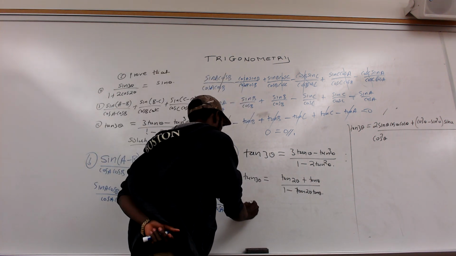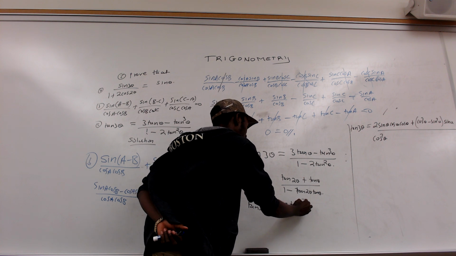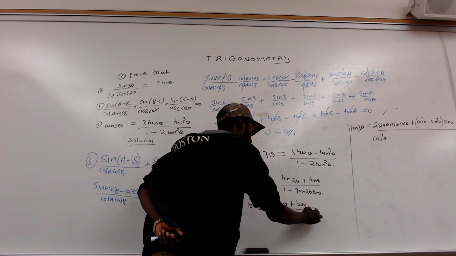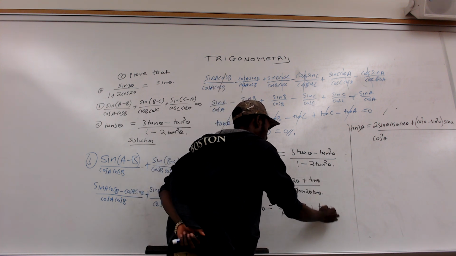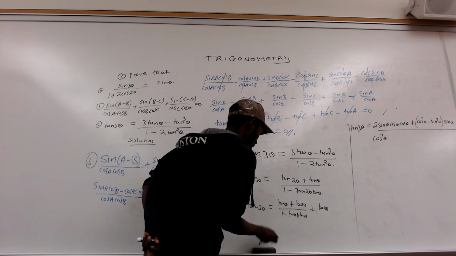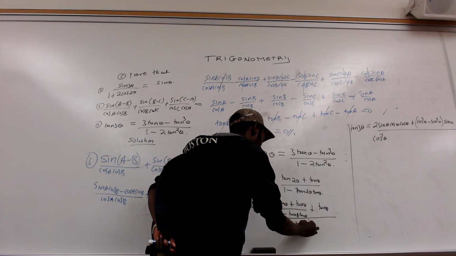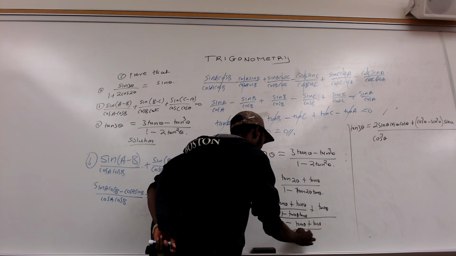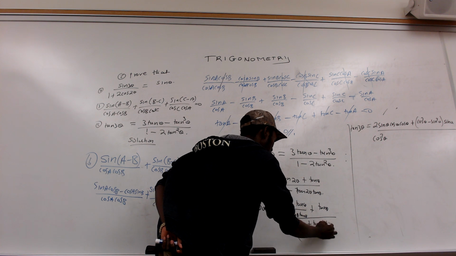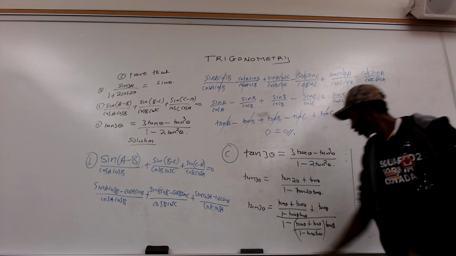If we simplify now, tan 2 theta is going to be 2 tan theta divided by 1 minus tan square theta, and this step might be easier than the one I wanted to use.